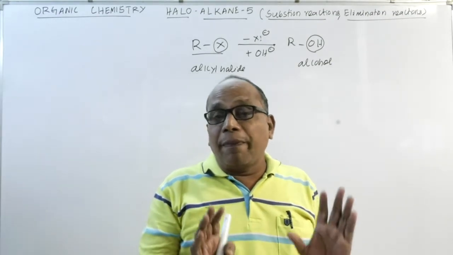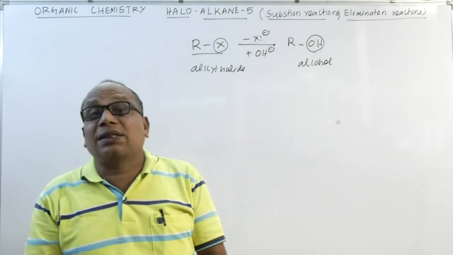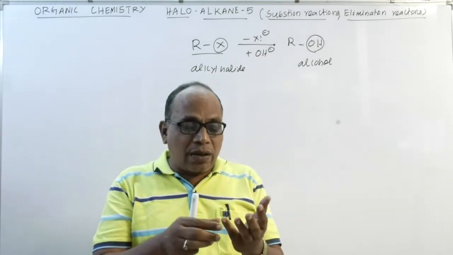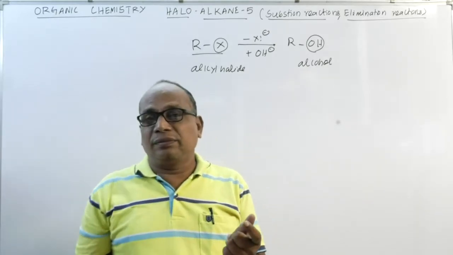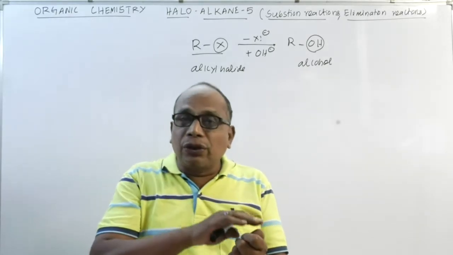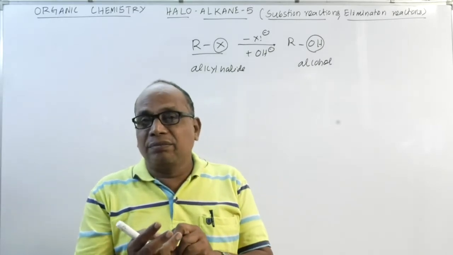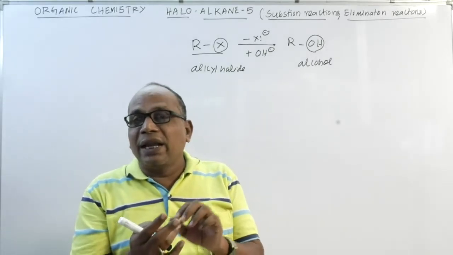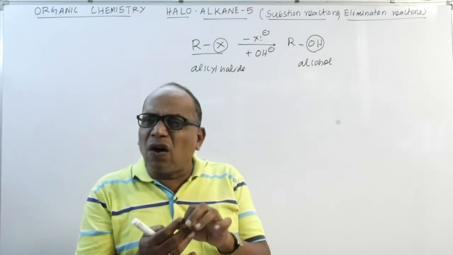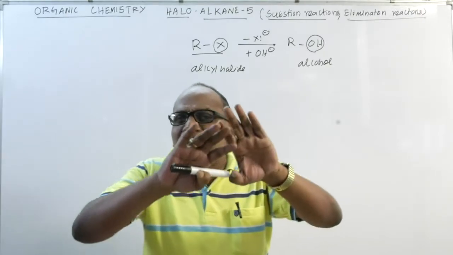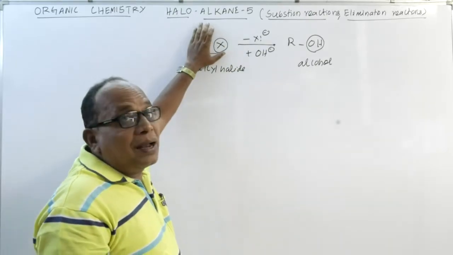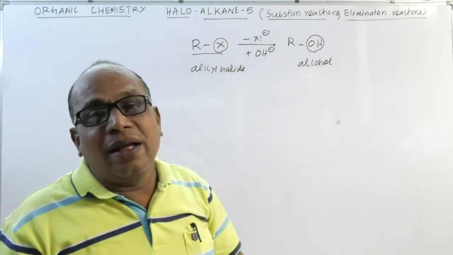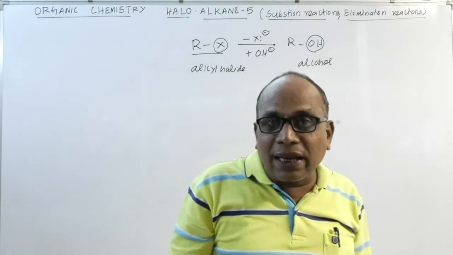It means we can prepare various classes of organic compounds: alkane, alkene, alkyne, alcohol, ether, amines, carboxylic acid, ester. These various classes of compounds can be synthesized from alkyl halide by the substitution reaction.